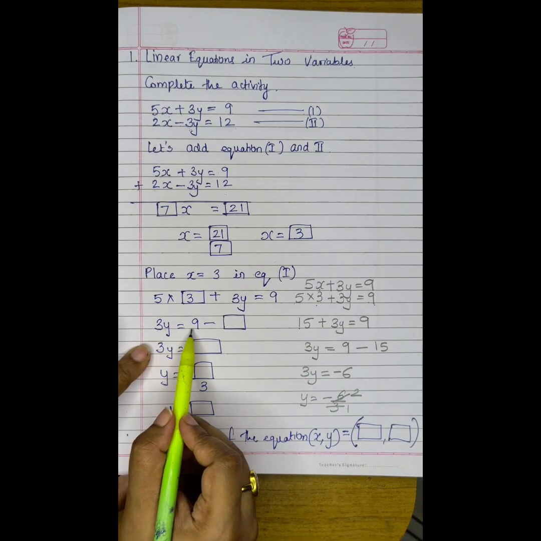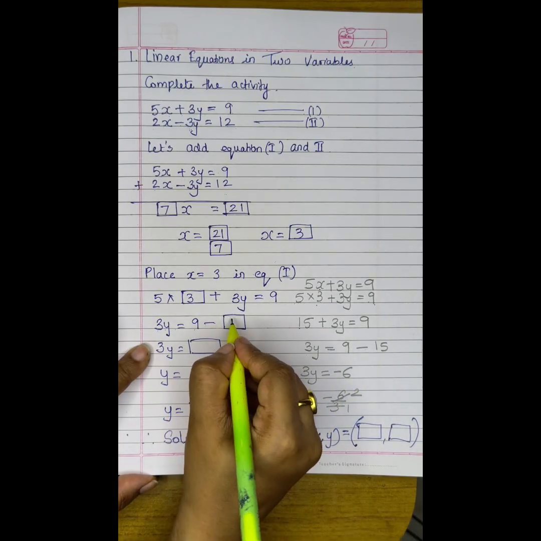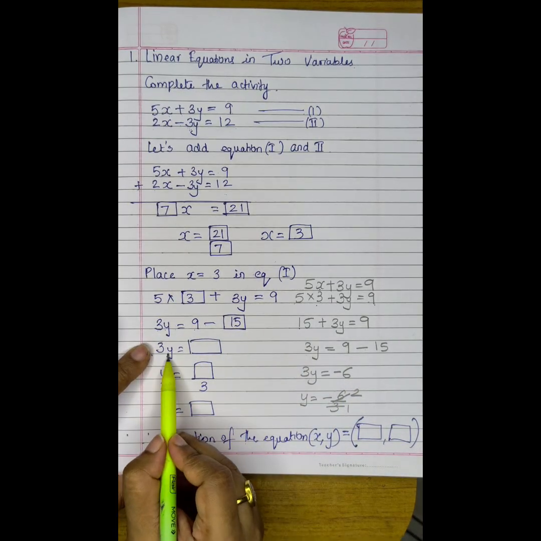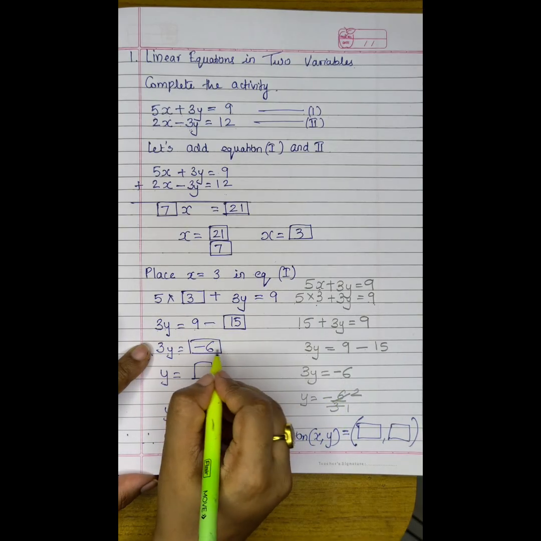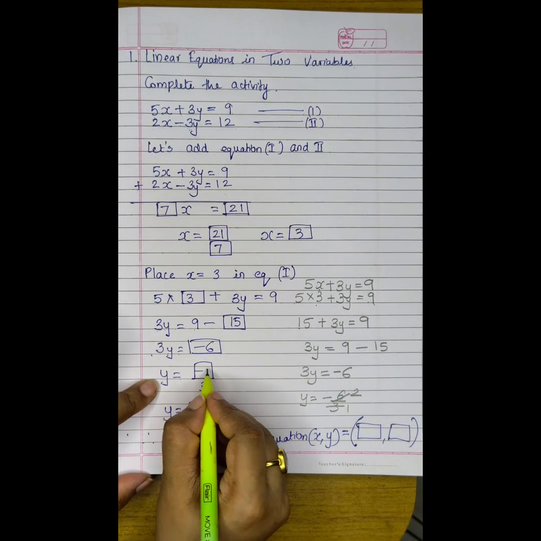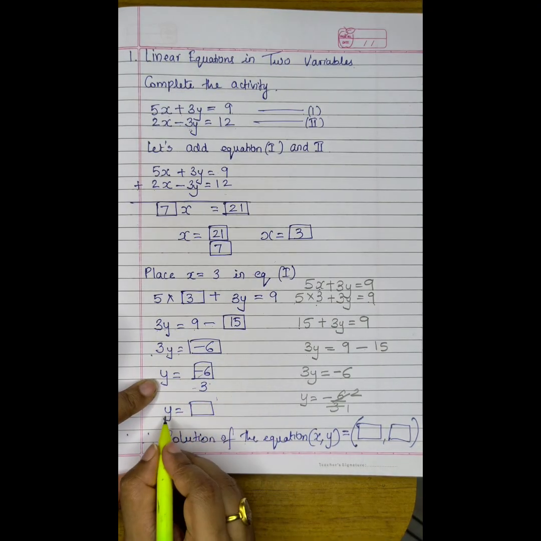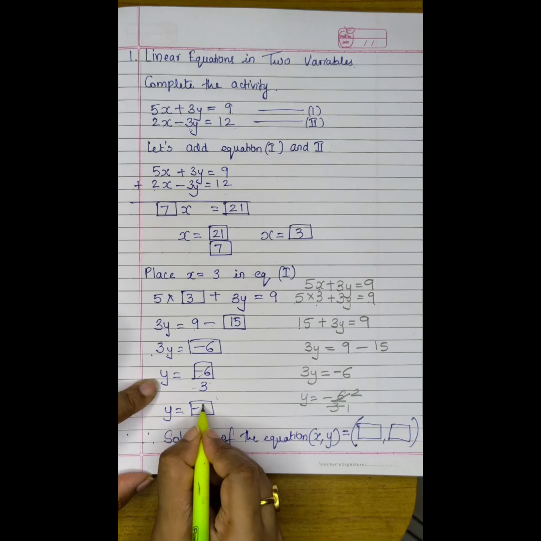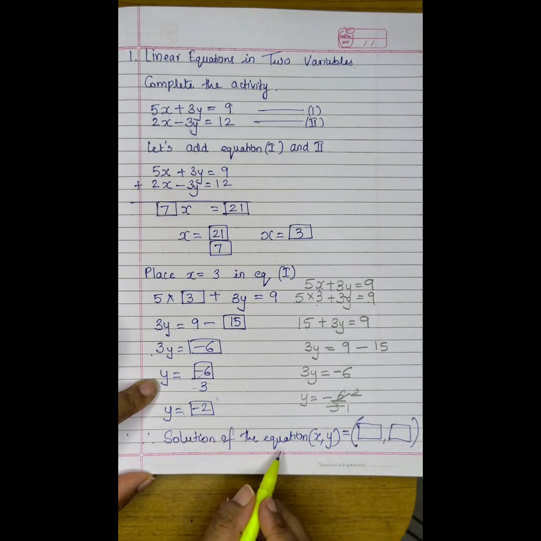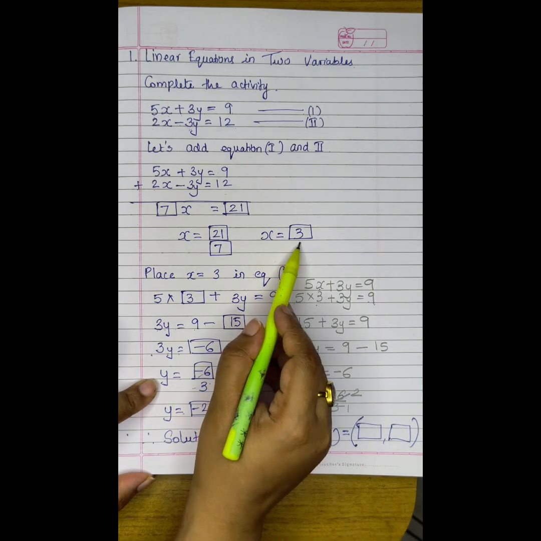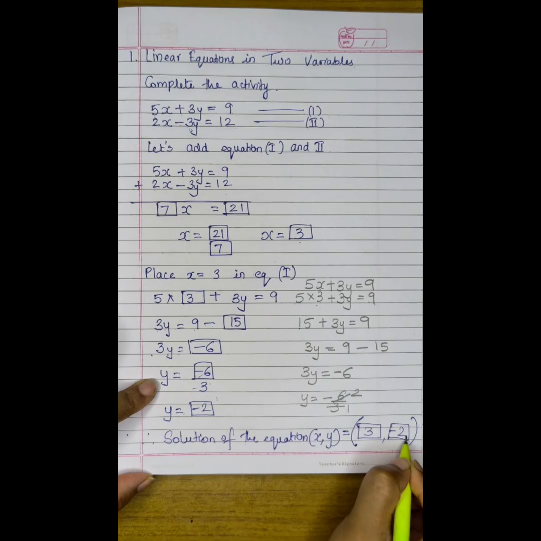This step, 3y is equal to 9 minus 15. 3y is equal to minus 6. 9 minus 15 is minus 6. y is equal to minus 6 upon 3. 3 1s are 3, 3 2s are 6. That means y you get minus 2. So the solution of the equation, x we got 3 here and y is minus 2.